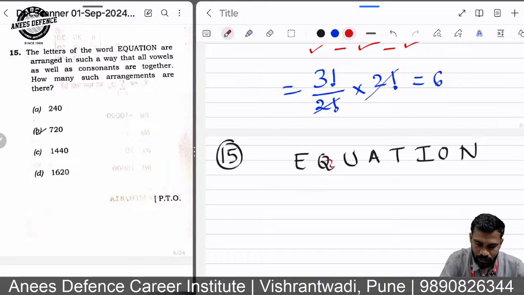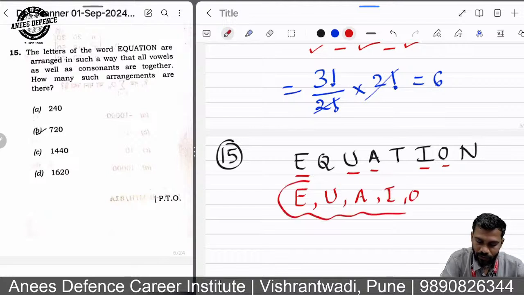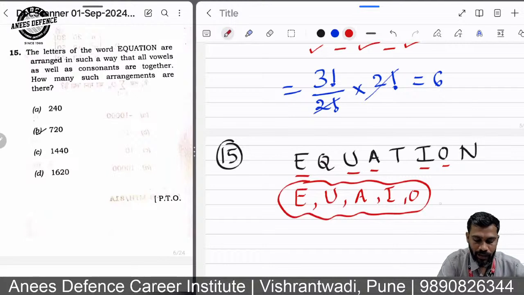So let us make 2 groups of vowels and consonants. In the first group, let us take all the vowels: E, U, A, I, and O. So these are the 5 vowels in the first group. In the remaining group, we have Q, T, and N.